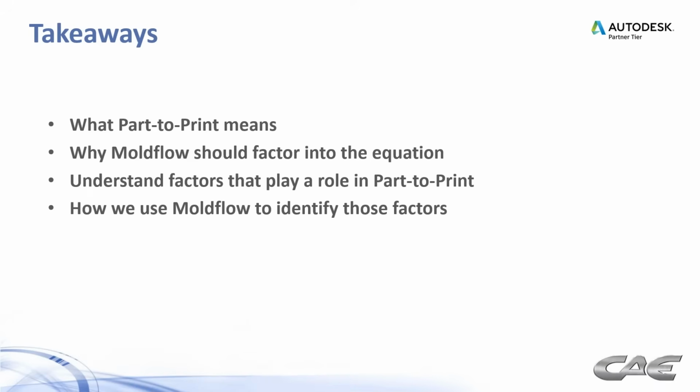You'll see how we use Moldflow to identify those factors. And then lastly, what can be done when all else fails, because at some point, all of us in the plastics industry get to that point. We've done everything we can, and then what? What do we do next? So I have some ideas on that.